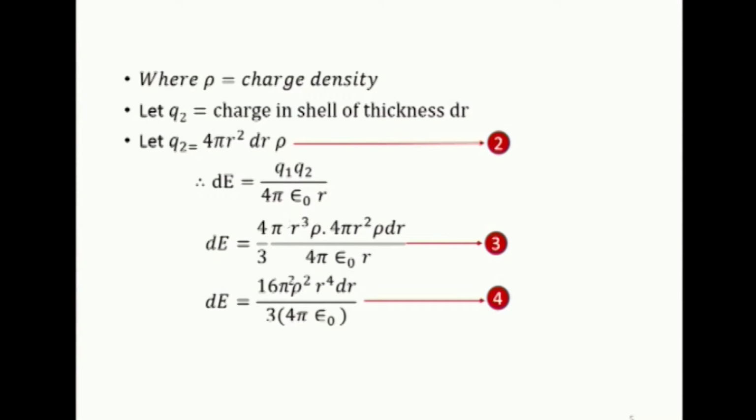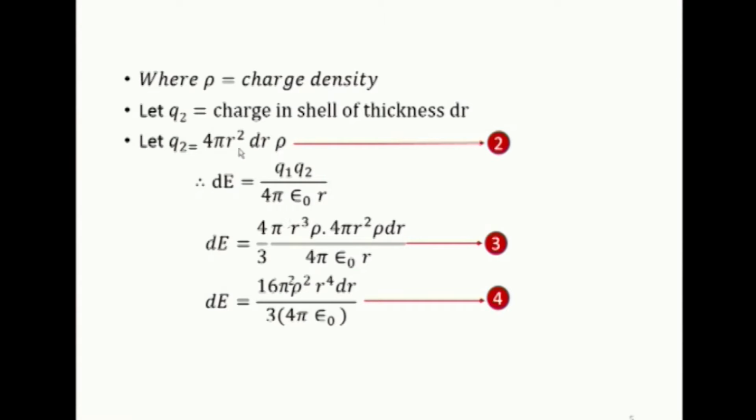For a sphere, the surface area is 4 pi r squared, and into thickness dr, that will be the volume. So, 4 pi r squared dr gives the volume of the shell, and rho is the charge density, charge per unit volume.